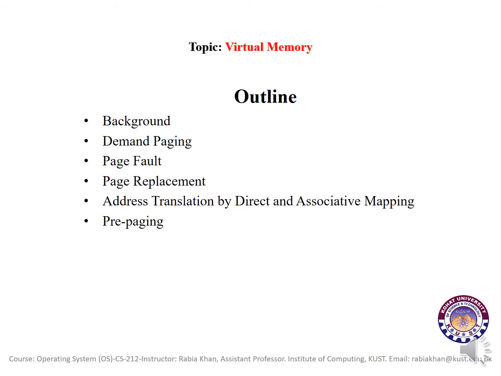Then the concepts in virtual memory will be discussed that include demand paging, page fault, different page replacement techniques or algorithms, the address translation using direct and associative mapping, and at the end, the pre-paging concept will be discussed.